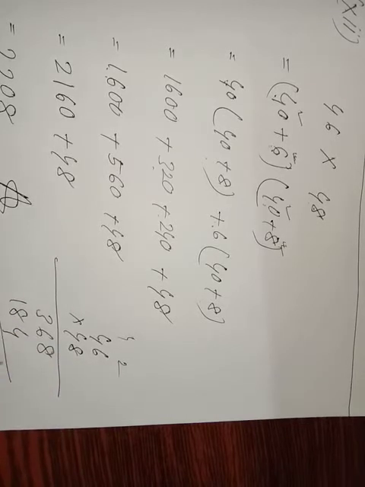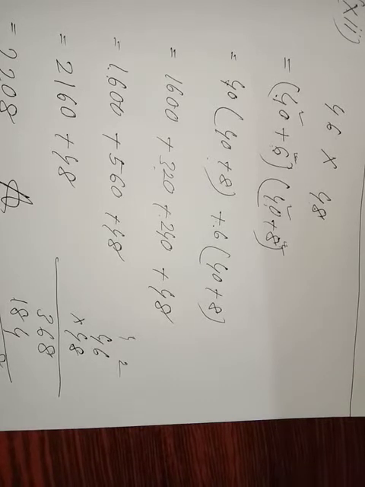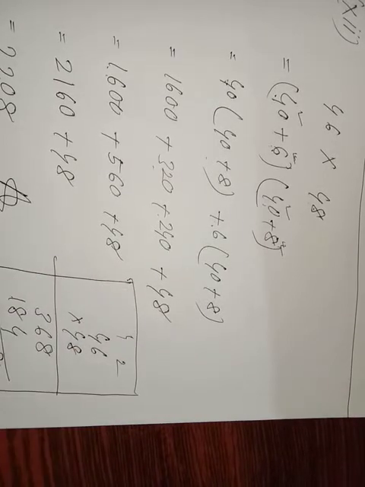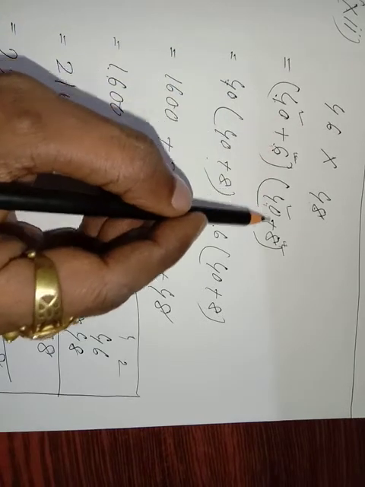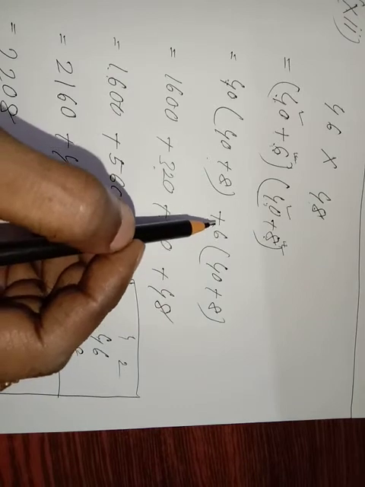Now just add: 8, 6 plus 4, 10, 0, 1 plus 8, 9, 9 plus 3, 12, 2, 2 plus 1. Sorry, 1 plus 1, 2. Directly write 2 here. 2208. This is your direct multiplying, and here you have to apply the algebra formula using a plus b, again a plus c. Okay, is it clear? I think it is clear for you.